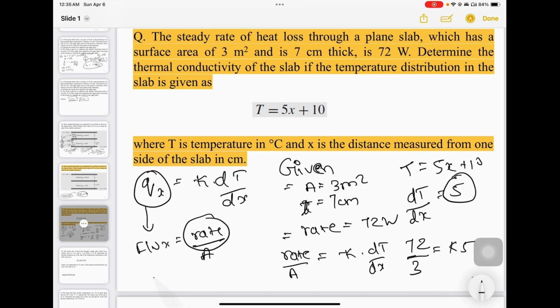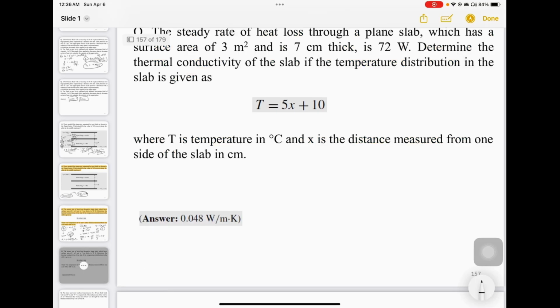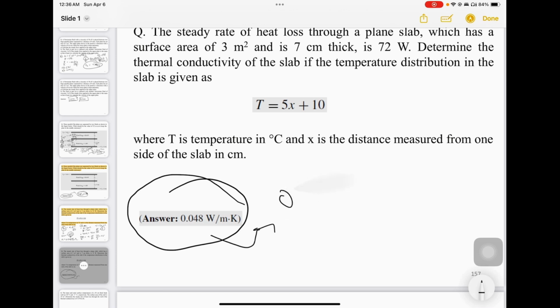So our thermal conductivity comes out to be 0.048 watt per meter degree Celsius. Let's verify our answer. Yes, it's correct. 0.48 watt per meter degree Celsius.